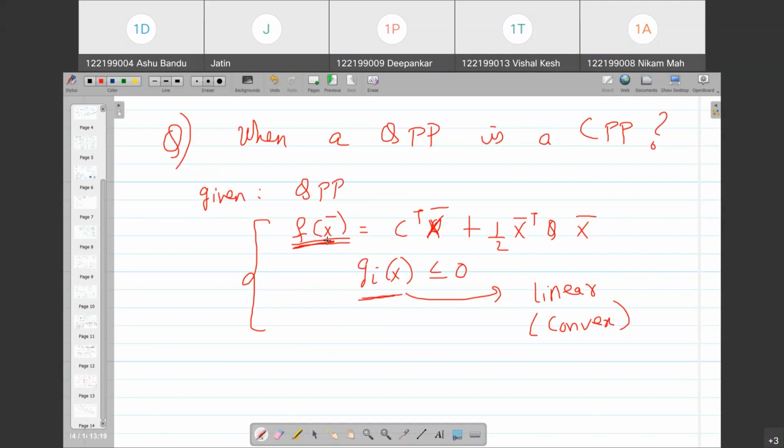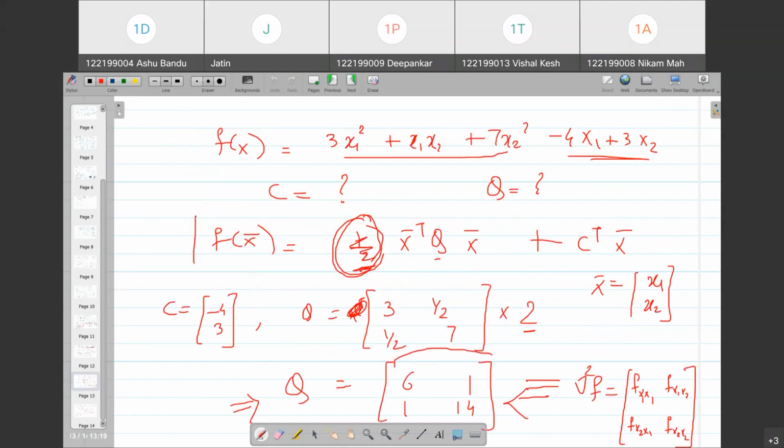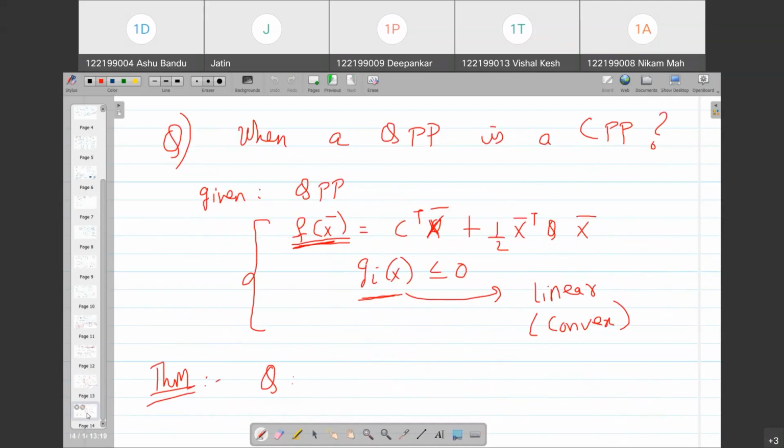Is there any nice way to check whether this QPP is a CPP? The answer is yes, and for that there is a nice theorem. If you have observed carefully, your Q is a symmetric matrix, A equal to A transpose. When your Q is a symmetric positive semi-definite matrix, then we say that it's a CPP.